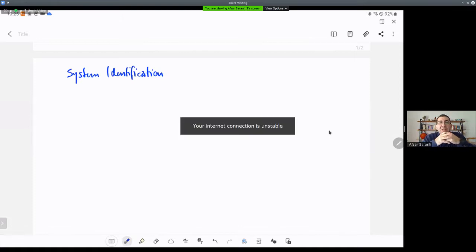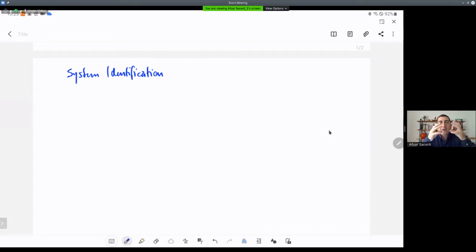System identification is where you combine the mathematical model that you have with some experimentation in order to obtain the unknown parameters of the model.